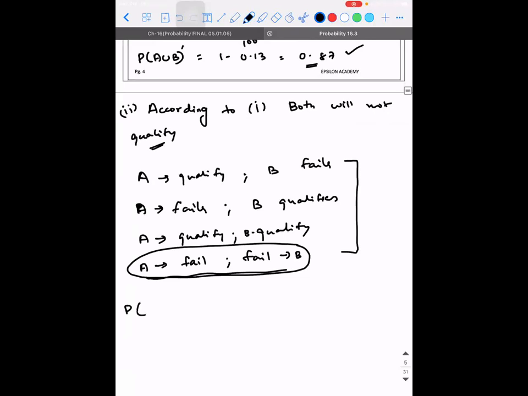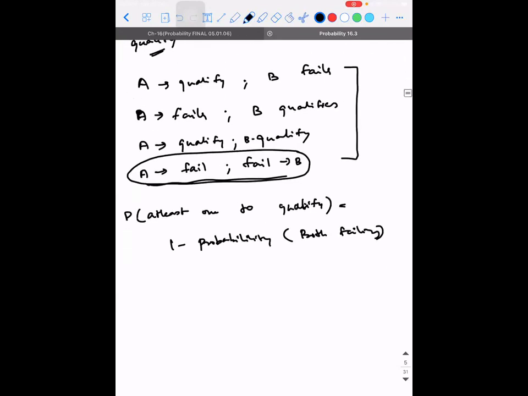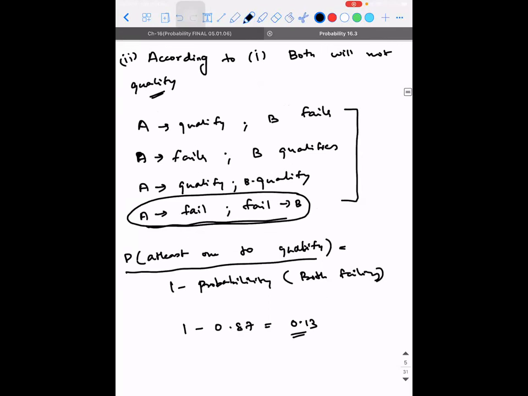So probability of at least one to qualify should be 1 minus probability of both failing. So what is the answer, guys? It will be simply 1 minus 0.87, that is 0.13. Guys, are you able to understand what I'm trying to say? I was just thinking about this only because it is going to be lengthy.